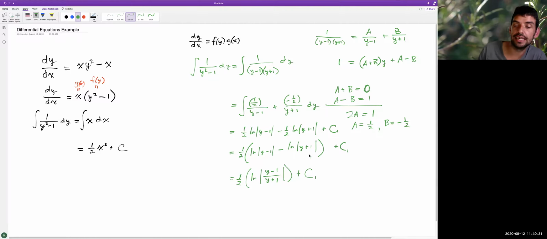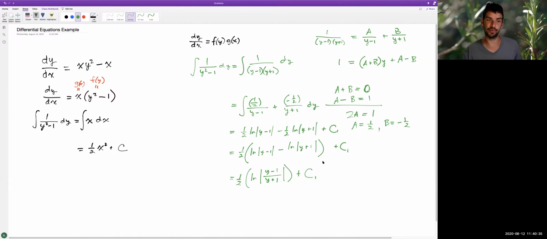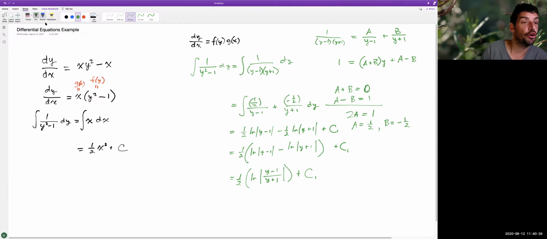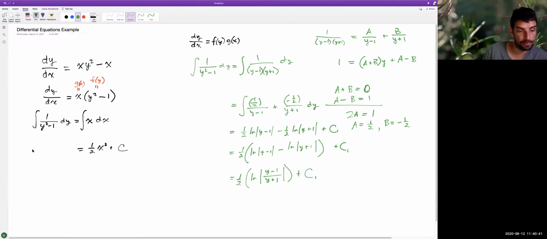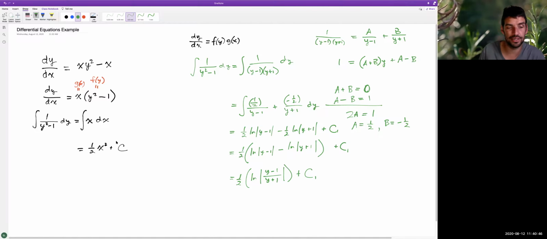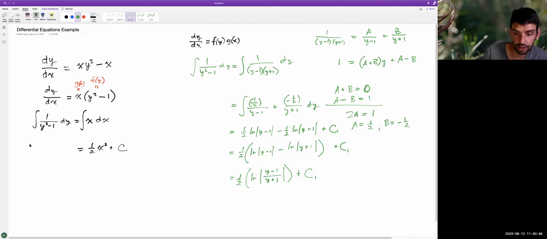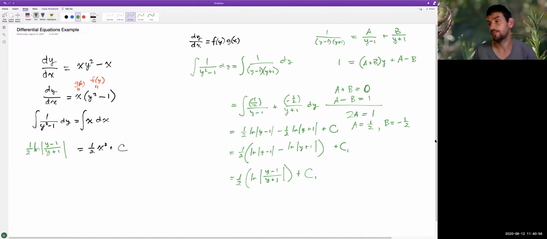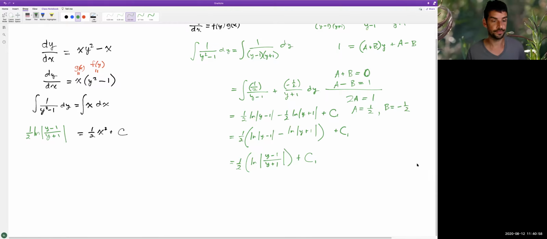Especially, I'm just sort of thinking ahead that I'm going to have to solve for y. And so having it split across two natural logs doesn't seem like a great idea. So I'm going to take this and put it back in over here. And I'm going to ignore the constant and let this plus c over here absorb all the constants. So we'll have 1/2 the natural log of y minus 1 over y plus 1 is equal to this.